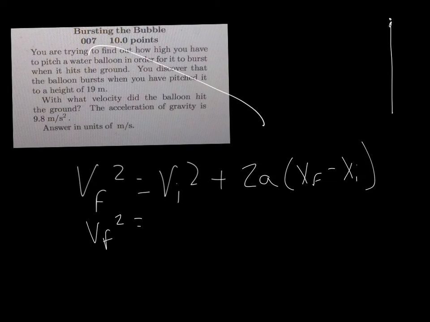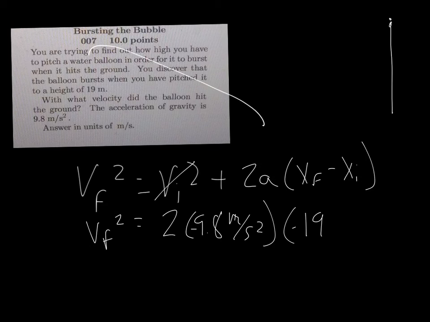Your initial velocity was 0, so this term goes away. And you're going to have 2 times 9.8 meters per second squared times, we know the difference here is going to be 19, and that's of course a negative, so we have negative 19 meters.